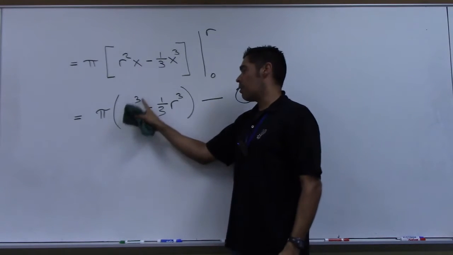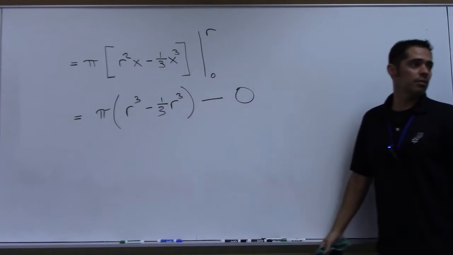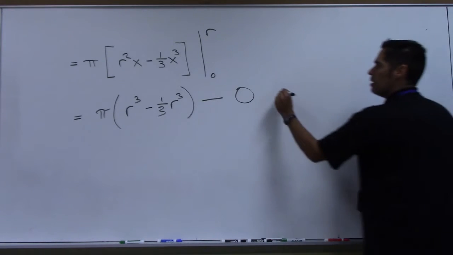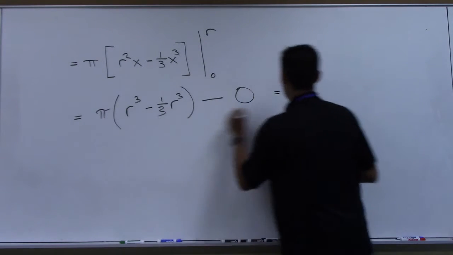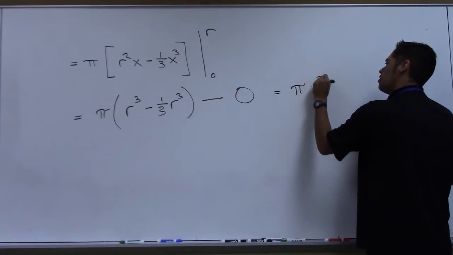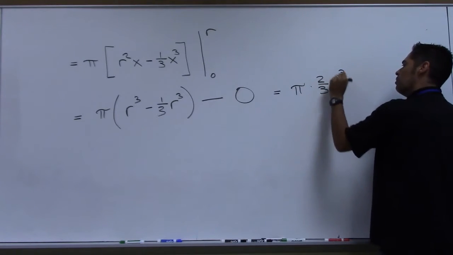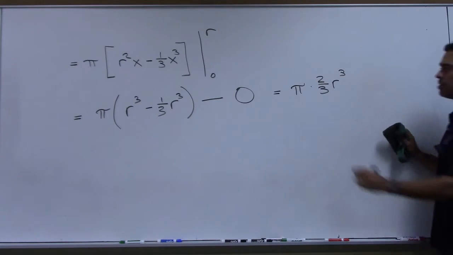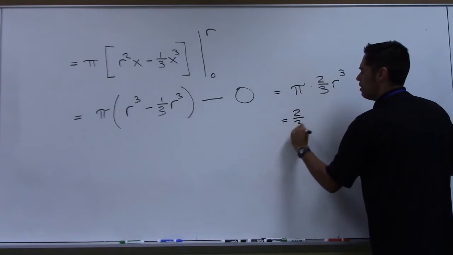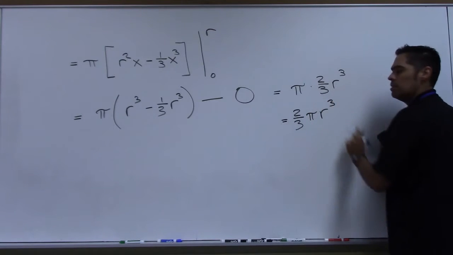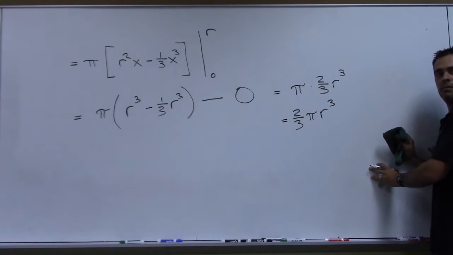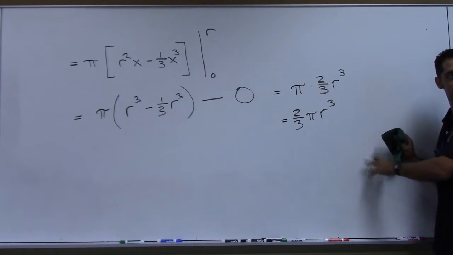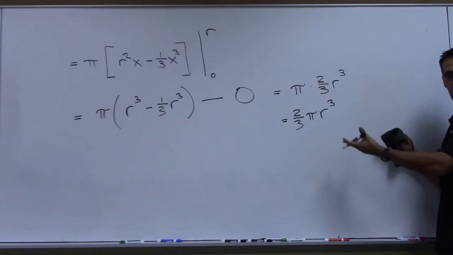What's 1 r cubed take away 1/3 r cubed? 2/3 r cubed. So we're getting pi times 2/3 r cubed, which is the same as 2/3 pi r cubed. And that's our answer. But that's half of it. So you double that answer, and you get 4/3 pi r cubed.